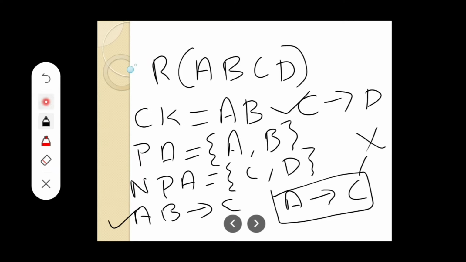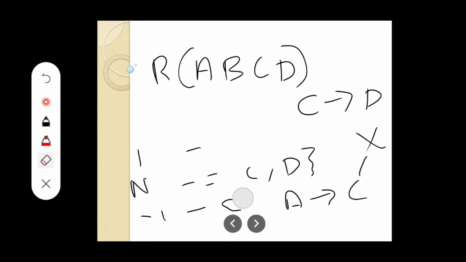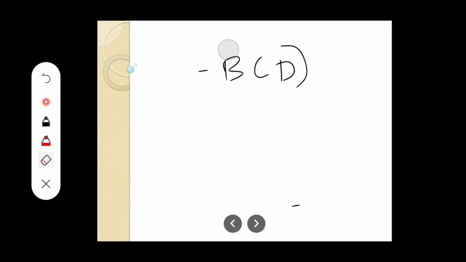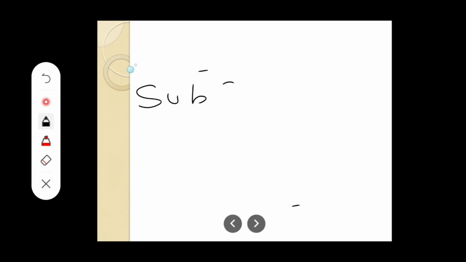Which is true and which is not? A subset of the candidate key determining a non-prime attribute must not happen. Okay, so I will summarize what must not happen. That is, a subset of the candidate key determines a non-prime attribute. This is false.